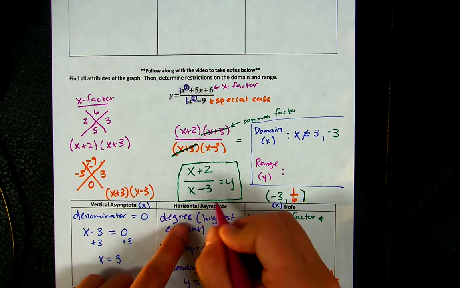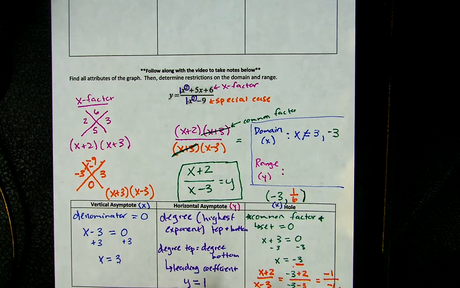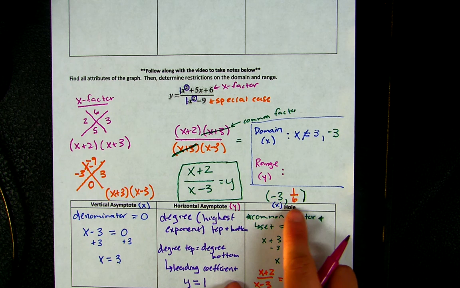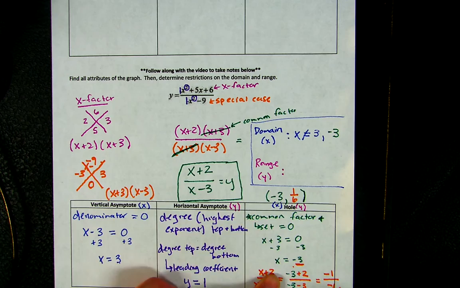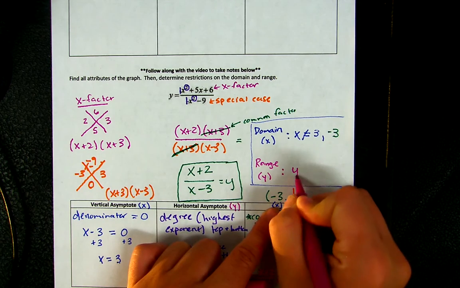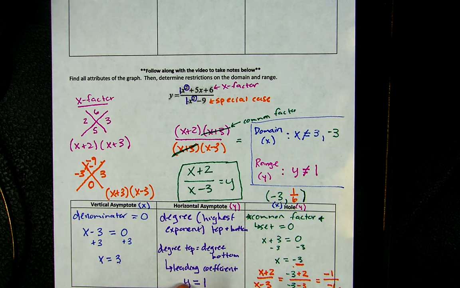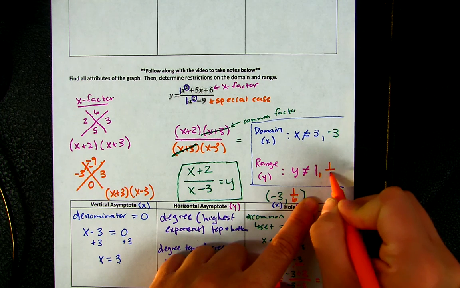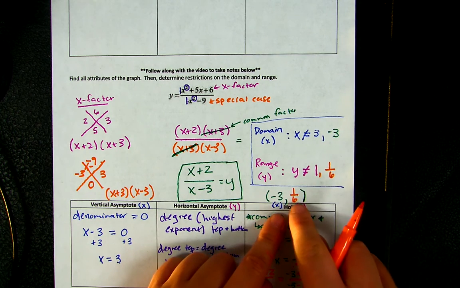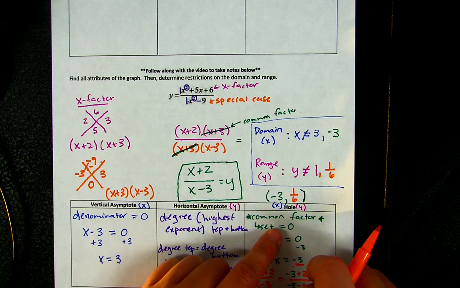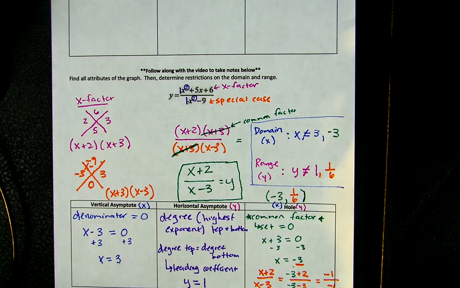So we're going to be looking at our horizontal asymptote, its y value, and the y value of the hole in the graph. So our range is y cannot be equal to 1, which comes from our horizontal asymptote, and y cannot be equal to 1 over 6, which comes from the y value of the hole in my graph.